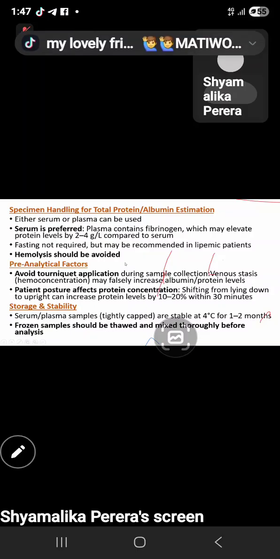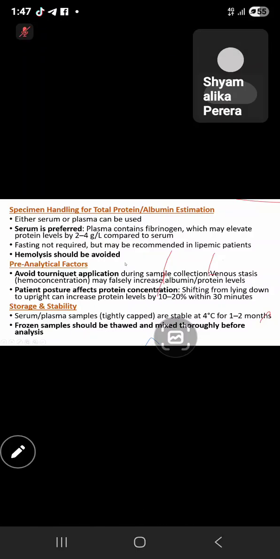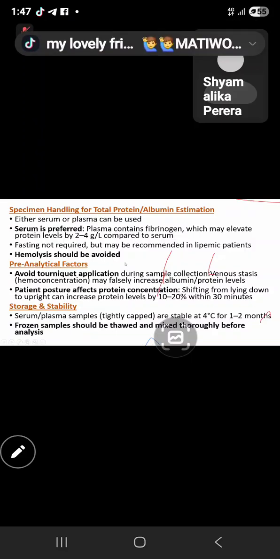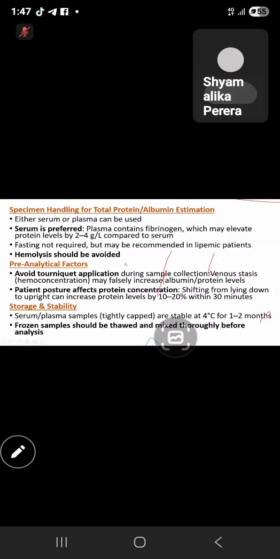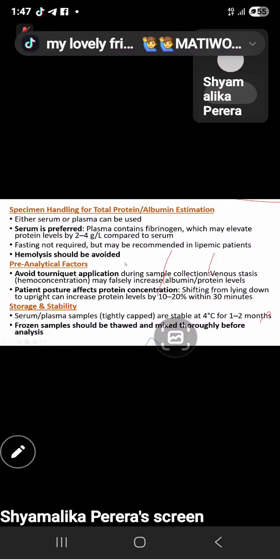So when you are advising people, keep those things in mind to avoid the tourniquet and especially consider the patient's posture. For storage and stability, you can store the samples at +4 for 1 to 2 months, and longer if frozen, but if you freeze the samples, you should thaw them well and mix thoroughly before analysis.